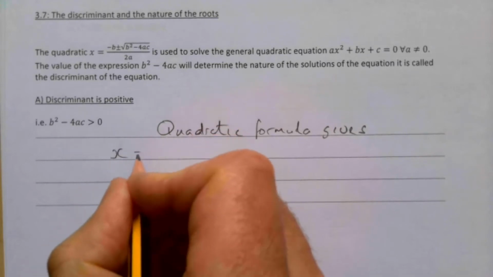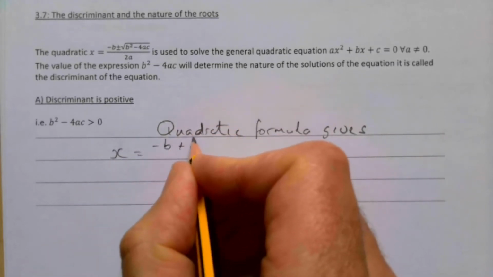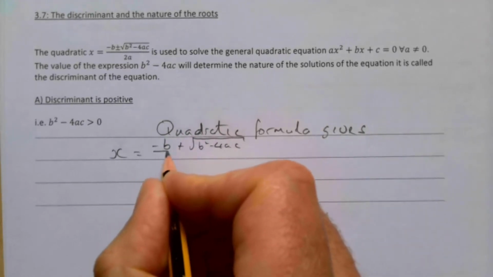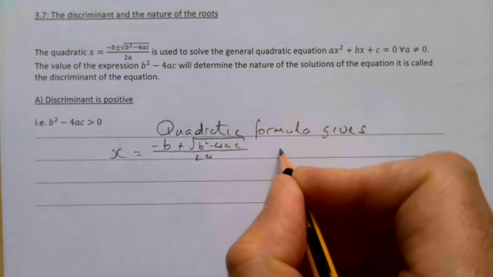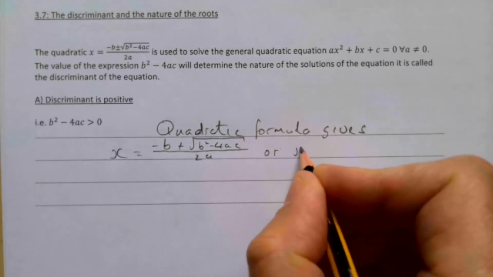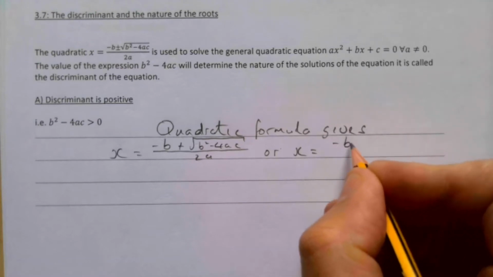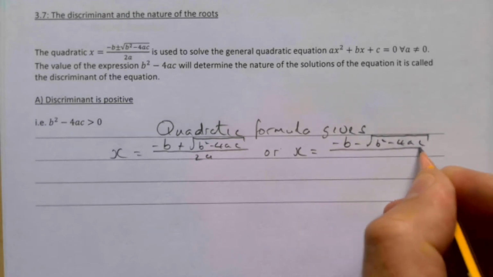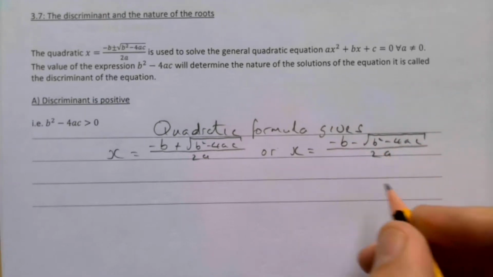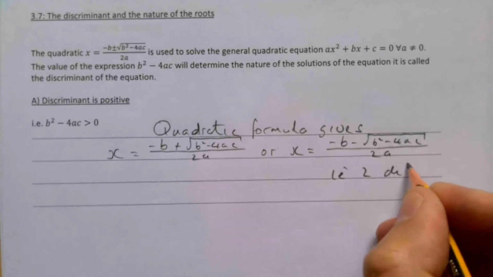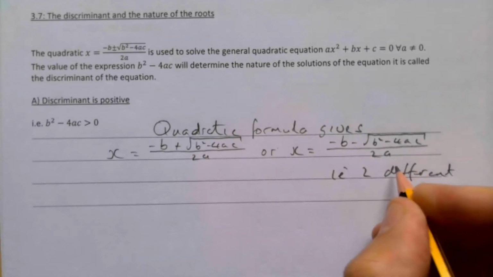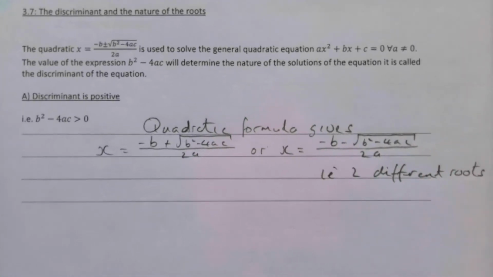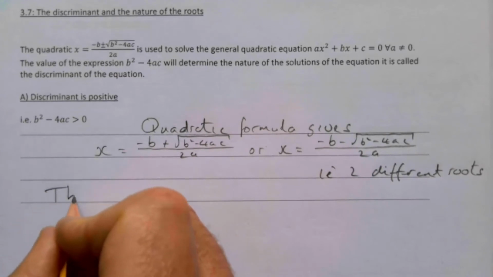It gives x equals minus b plus the square root of b squared minus 4ac all over 2a, and it also gives x equals minus b minus the square root of b squared minus 4ac all over 2a. So two different roots, and by roots we mean solutions to the equation. This is called two distinct roots.